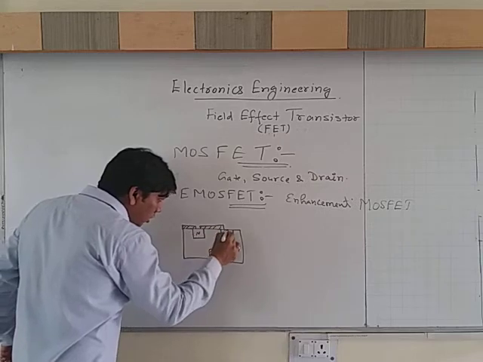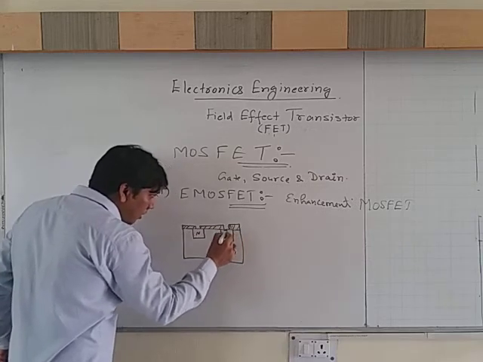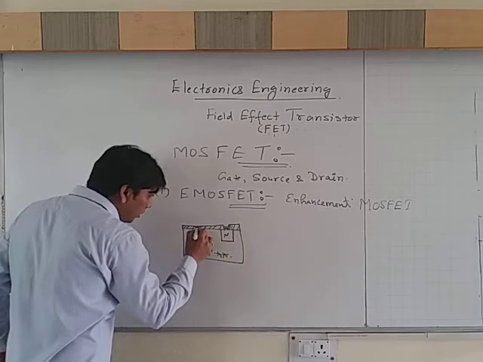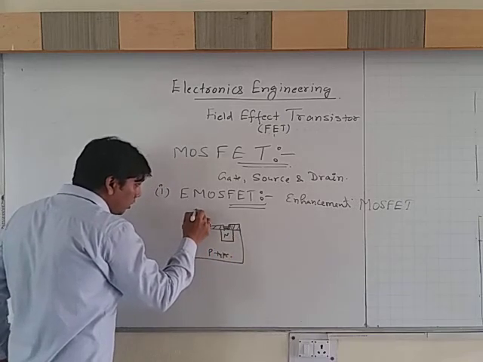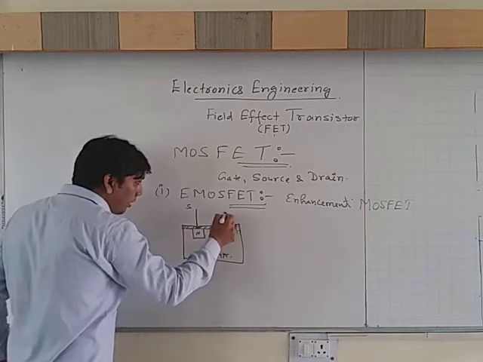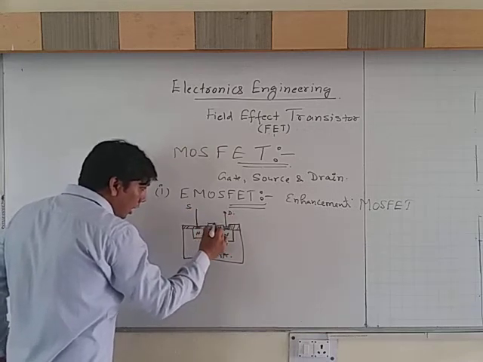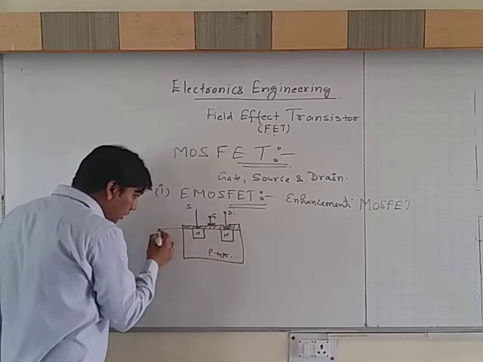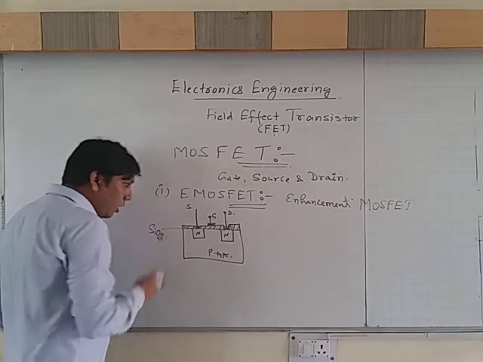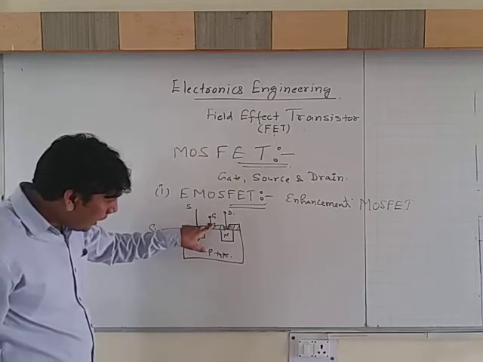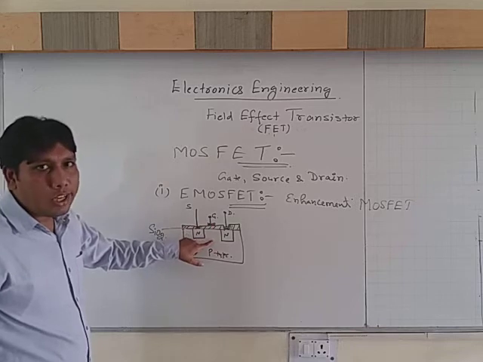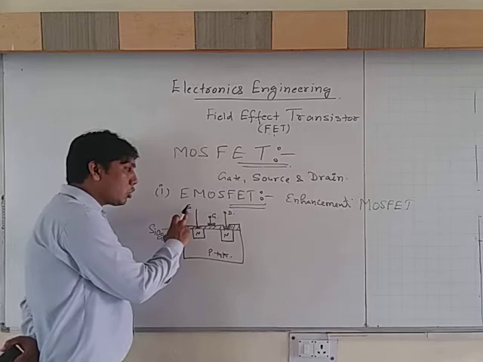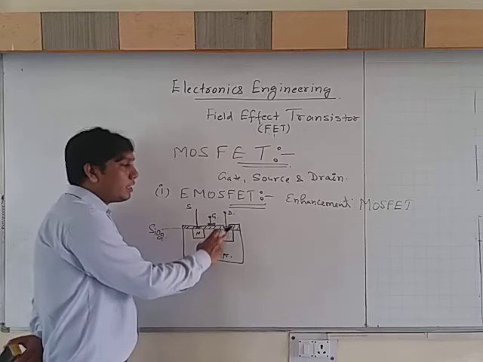These two N-type semiconductors will work as source and drain, and here we have a gate. This is SiO2 layer which insulates the gate from the channel. Here this n-type semiconductor is working as a source and this n-type as a drain.